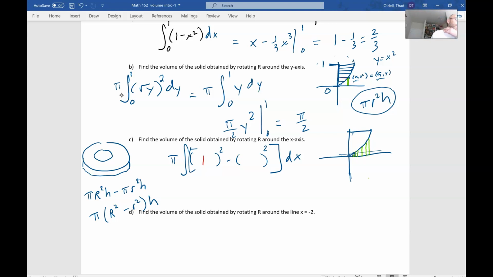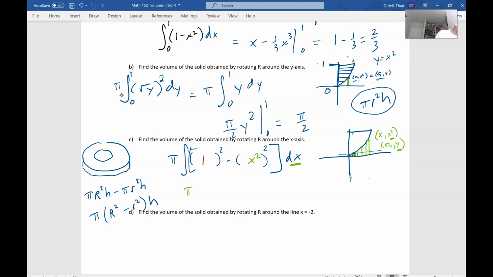So I'm going to pick one of these points at random and write the coordinates of that point. The coordinates of that point are x comma x squared, or square root of y comma y. Now in this case, I'm looking for a vertical distance, so I'm looking for the y coordinate. That would be x squared or y. But I want it in terms of x because I have a dx here. So this would just be x squared.